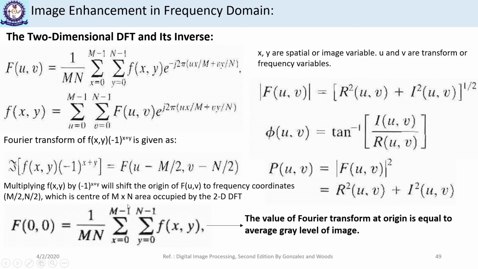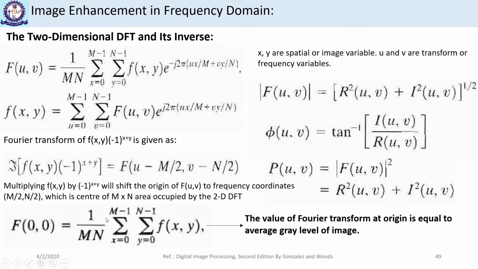So what is happening here? You see, x we are varying from 0 to m minus 1, y we are varying from 0 to n minus 1. That means we are considering all the rows and all the columns, and then we are adding all the intensity values, all the gray levels, and this we are dividing by the total number of pixels. If the dimension is m cross n, then the total number of pixels will be m into n.